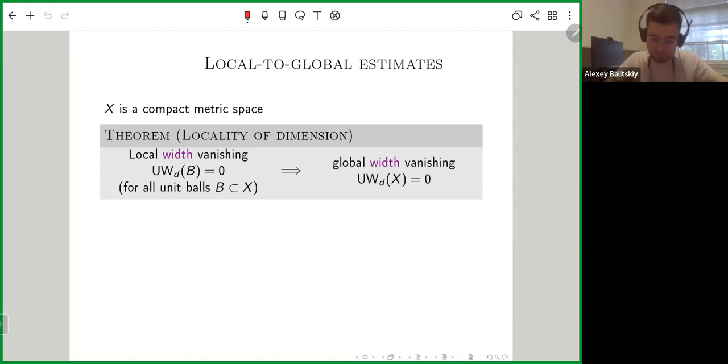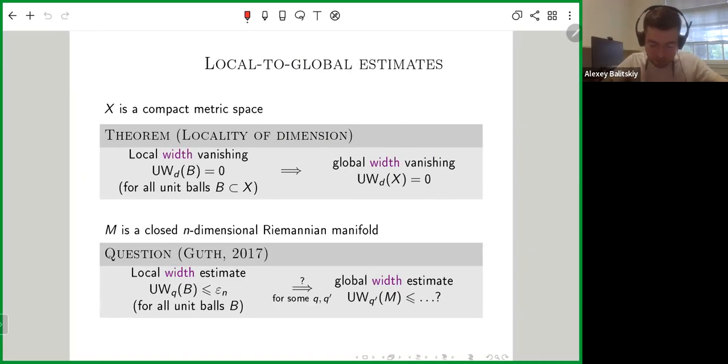So one can ask, is this true if you replace this equal 0 by something like less than epsilon? I stated it in the more general version, the way it was stated by Larry, with different parameters of the dimension in the assumption and in the conclusion.